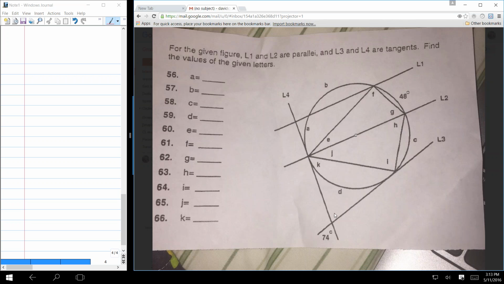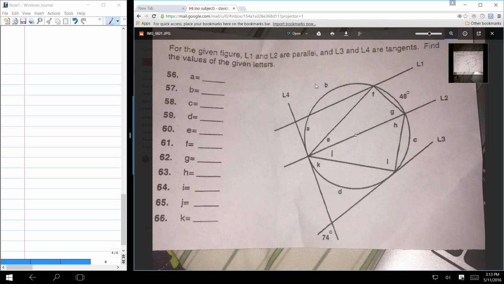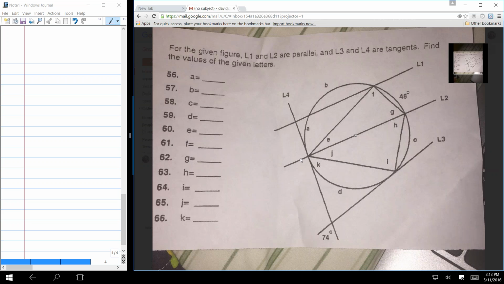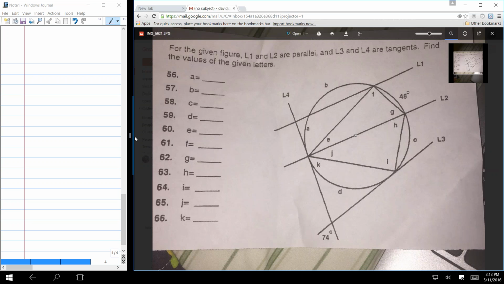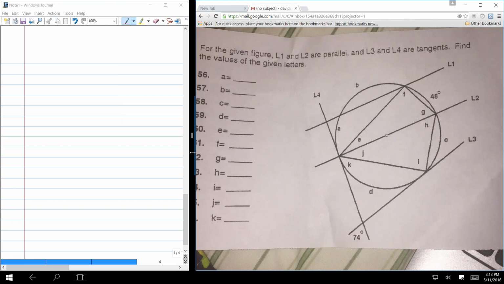We also know that 74 equals 1/2 of that arc, which we don't quite know yet, minus that arc. Ah, we can figure that out. Can't we find K out because it's an isosceles triangle?